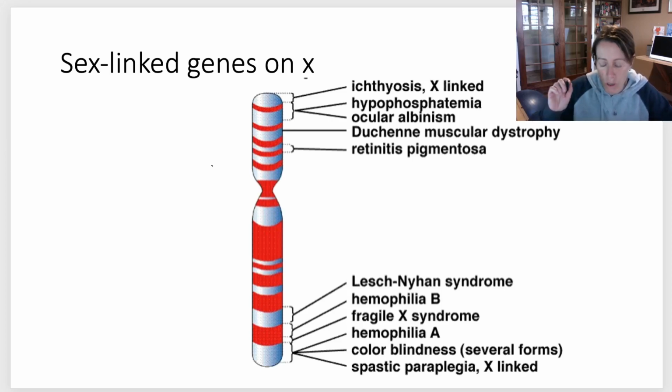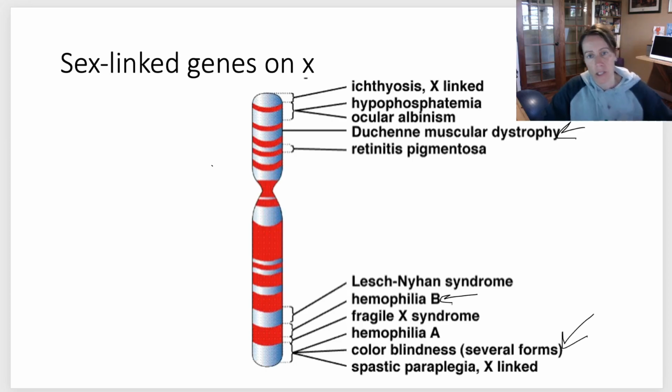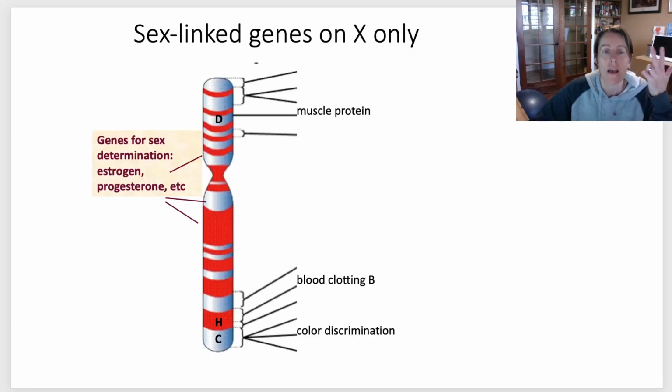So we're going to focus on three of what we would call sex-linked diseases: Duchenne muscular dystrophy, hemophilia, and red-green color blindness. There are a lot of other ones on here, but those are the ones we're going to focus on. So the muscular dystrophy gene is actually, in real life, something we all have.